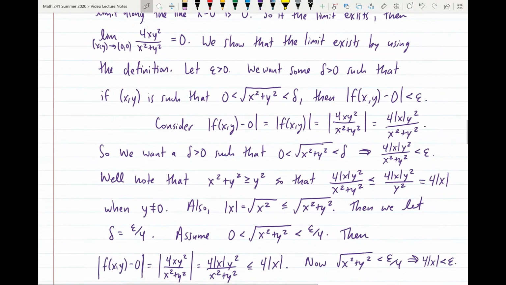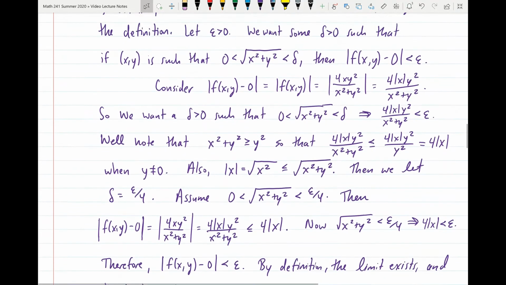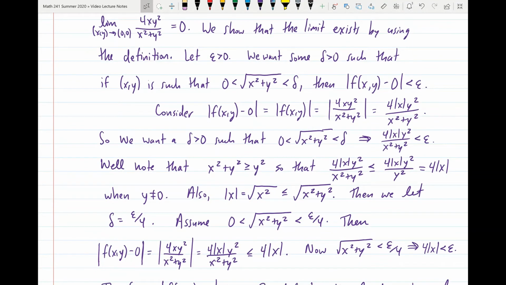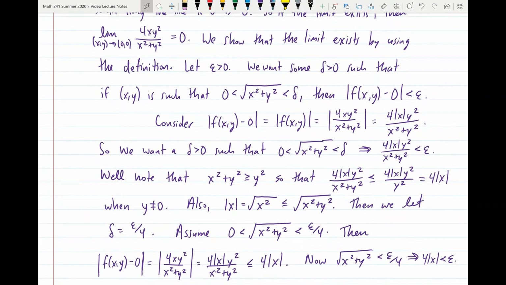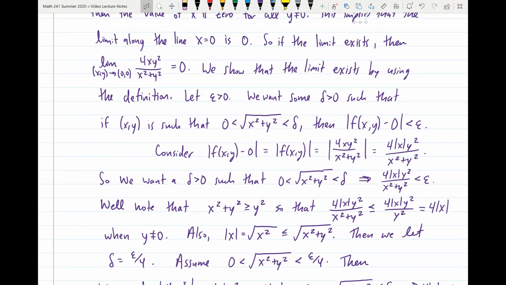So this is where the example is going to get pretty difficult if you haven't seen this idea before, which I'm assuming you haven't, or maybe you've touched on it a little bit in Calc 1 or Calc 2. But to do so, we're going to use the definition of the limit. So we let epsilon be some number greater than 0.